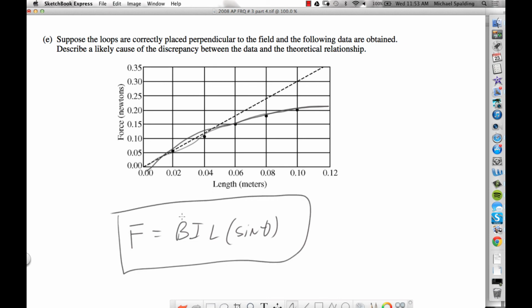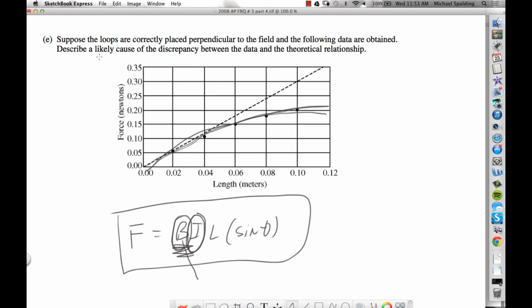The most likely culprit would be B, right? I would say something like, the magnetic field is not constant. If the magnetic field were not constant, that could cause the force to drop off. Or maybe you could say the current changes.